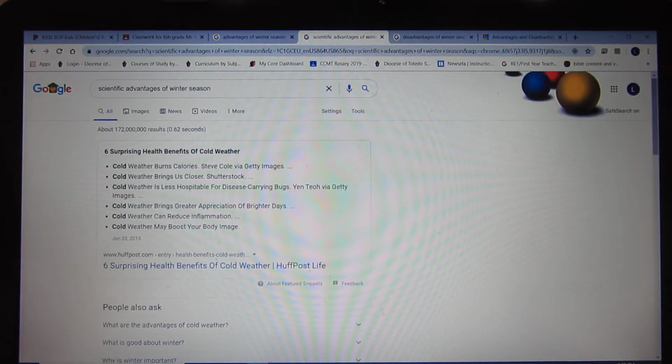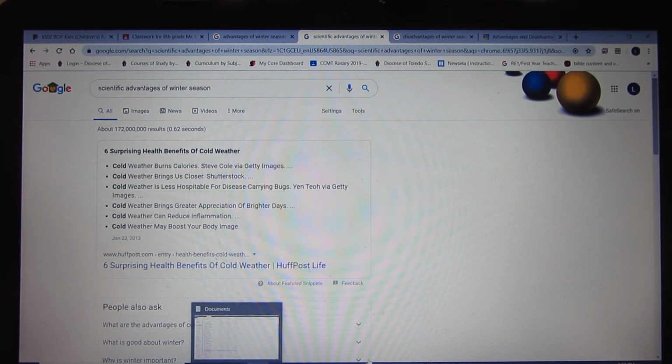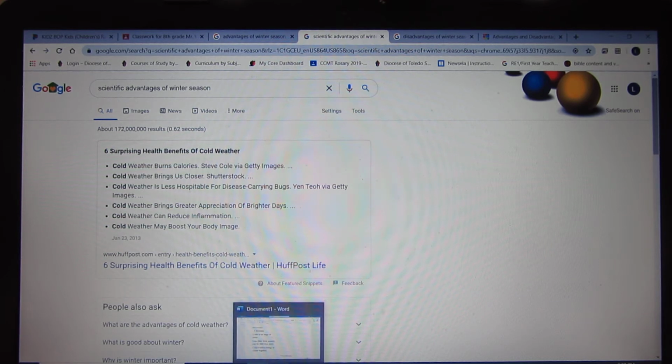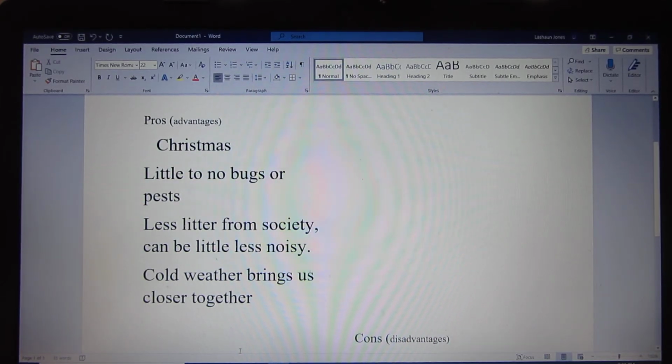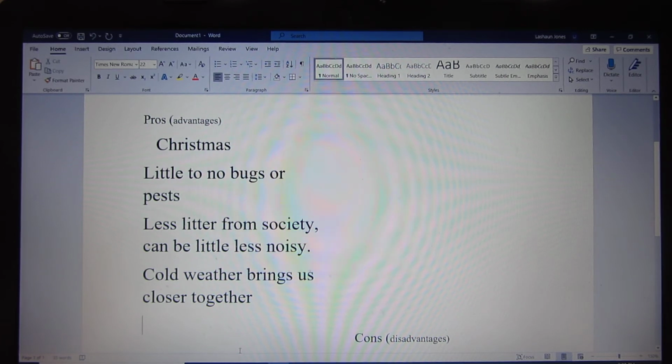Another one I think I saw was cold weather. Yep, cold weather burns calories. Obviously, you have to be active. So I'm gonna write that down. You have to be active. You can't just sit outside and expect calories to burn.